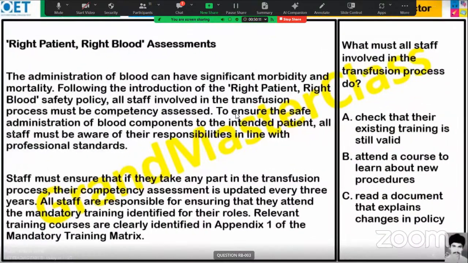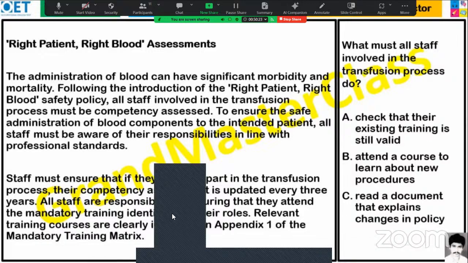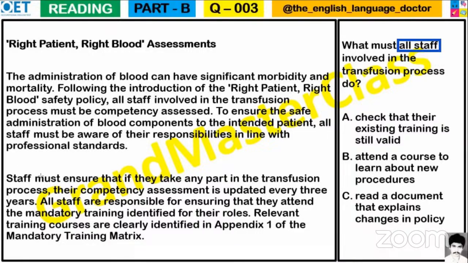So now let us understand here. Let me explain this one. Now here, all staff means all staff must.